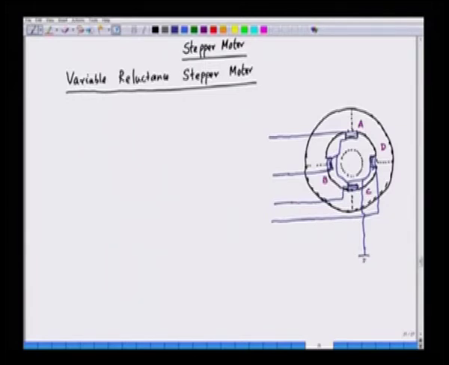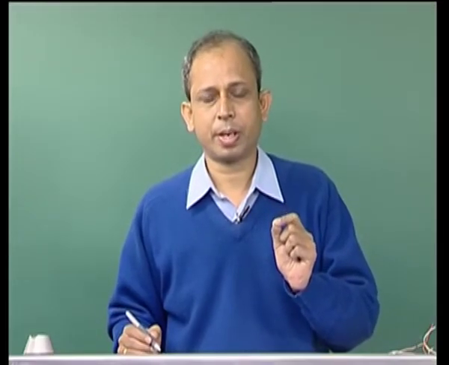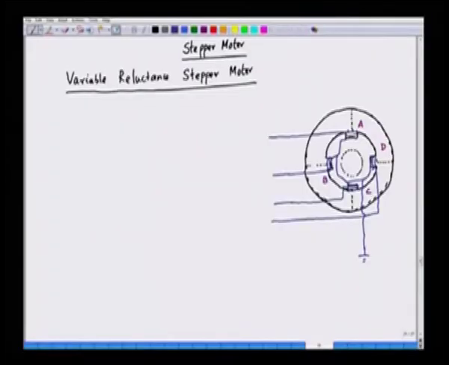that is the local ground, and each phase is connected to a switch, a transistor switch. So, here we have a transistor switch in phase A, we have a switch in phase B, we have a switch in phase C, and we have a switch in phase D. And this is connected to a battery.